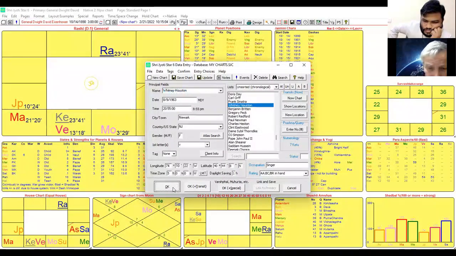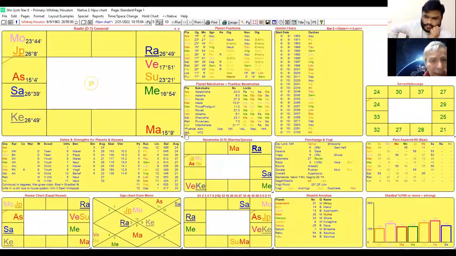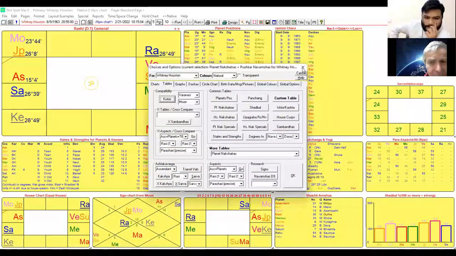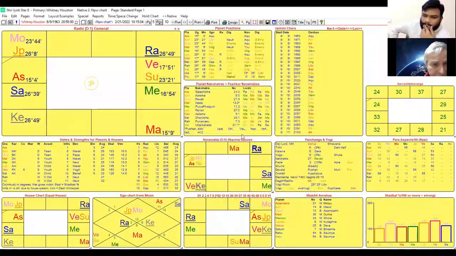So she was a world famous singer. And so she has an Aquarius rising. And the ruler of Aquarius is in the 12th house. So again, this is a chart of a person who's a public personality.